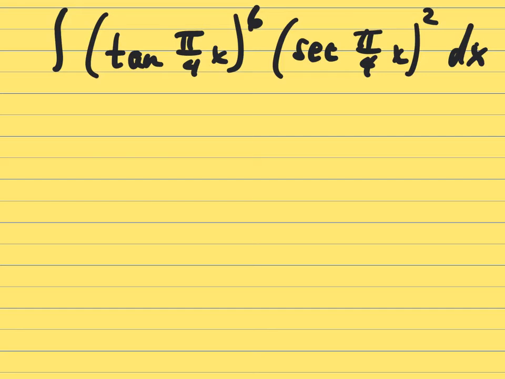In our first example, we have the integral of tangent of pi over 4 x raised to the 6th power times secant of pi over 4 x raised to the 2nd power dx. Let's take our substitute as the tangent term. Take the derivative using chain rule.